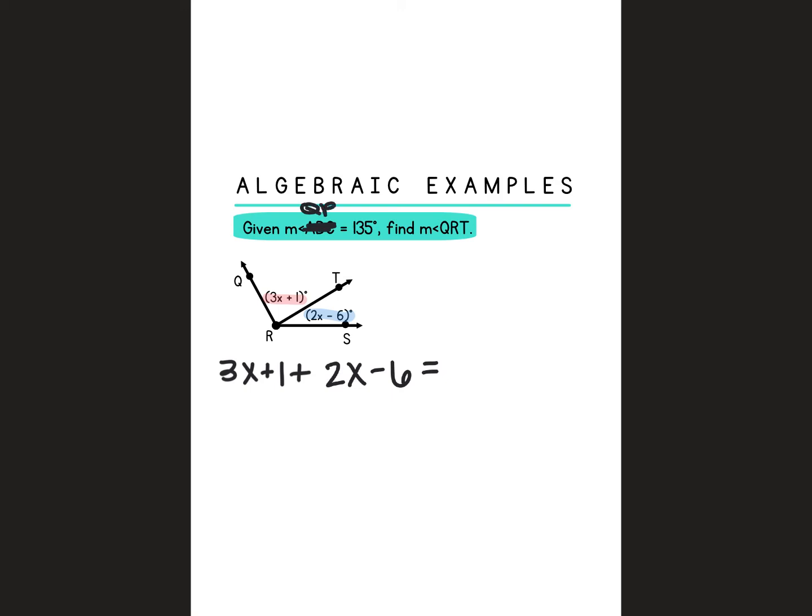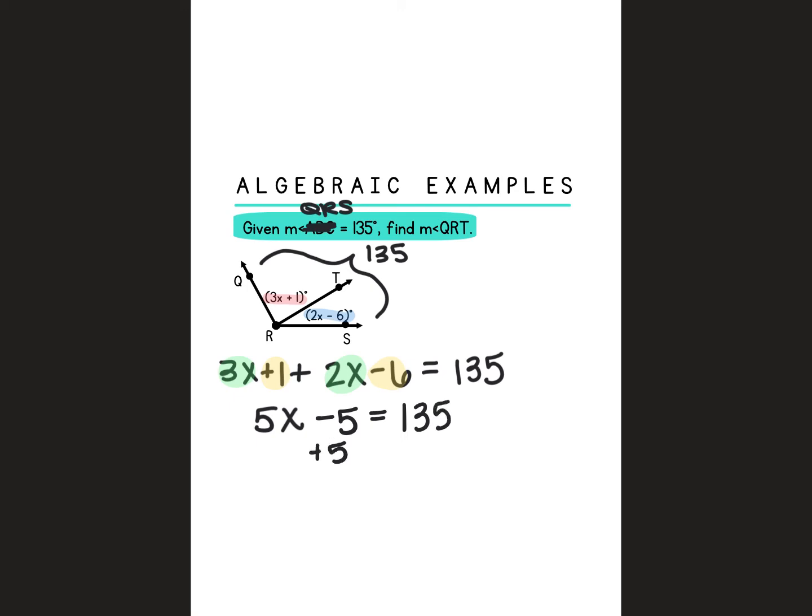It should say QRS, sorry about that, is 135, so this is 135. So again, we're going to combine like terms. So positive 1 minus 6 is going to be negative 5.